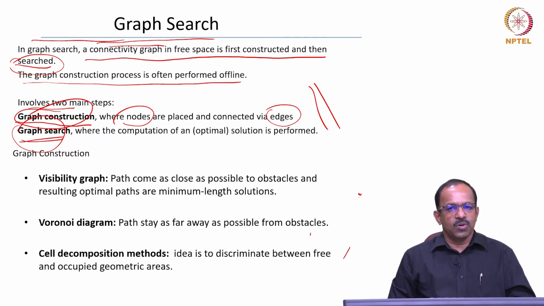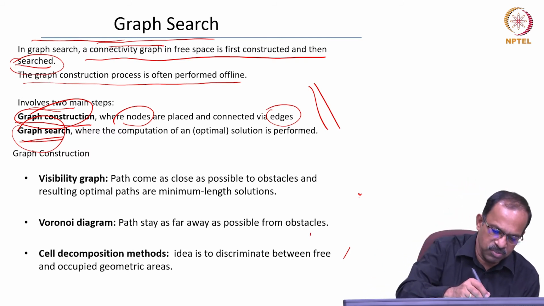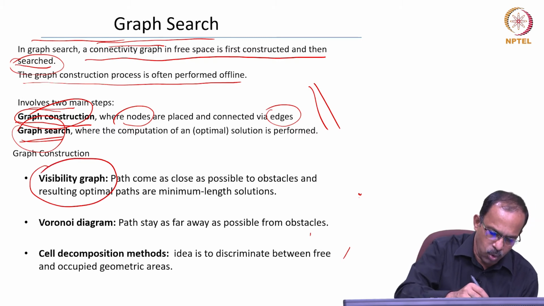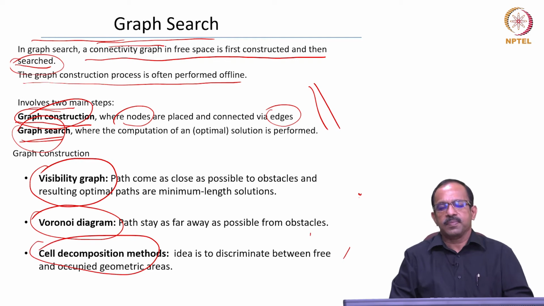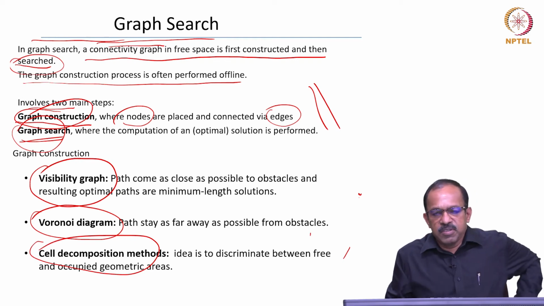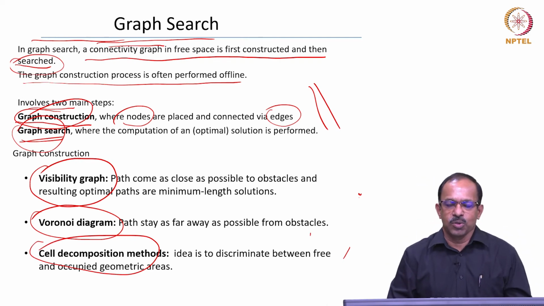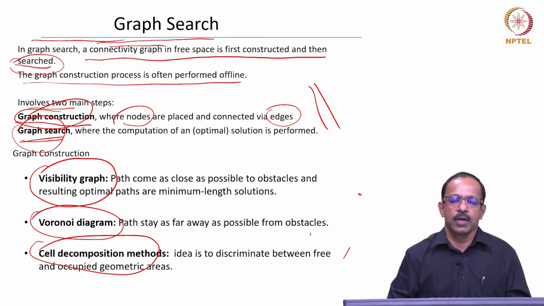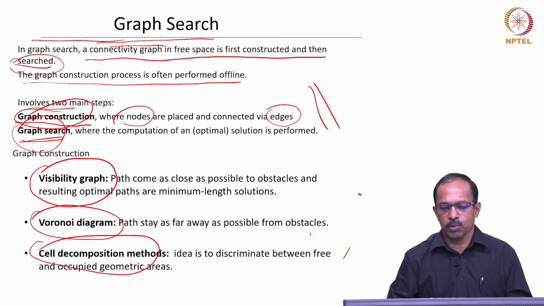Some of the commonly used methods are known as visibility graph, Voronoi diagram, and cell decomposition methods. As I mentioned, all these are offline methods. We do not do it online, we do not do it as the robot moves, we will plan everything offline and then give the path to the robots.